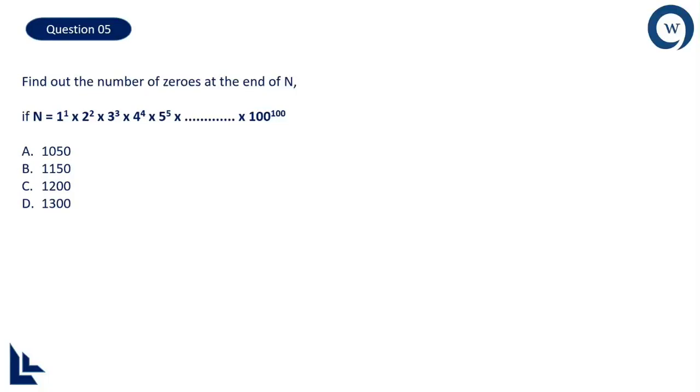So now how to find out the number of zeros at the end? That is also called trailing zeros. The trailing zeros concept basically means the number of zeros towards the end of a number.